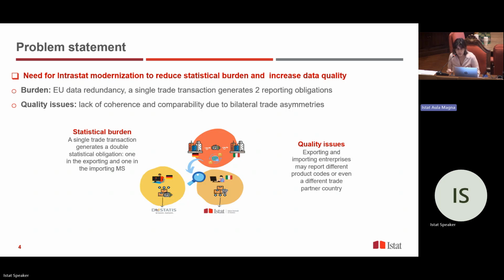And moreover, this gives also rise to asymmetries because importer and exporter can codify the same transaction in a different way. For instance, giving different classification codes for products or even for partner countries, for export and import country of the good.